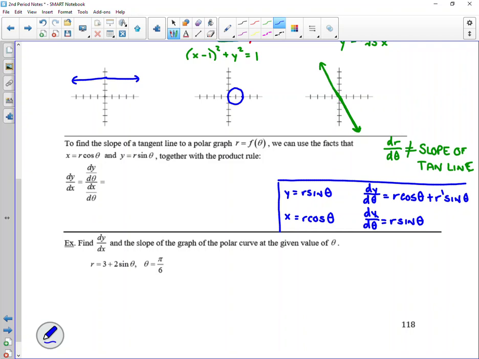negative. Oh, darn it. Can you erase this? It's better this way. Take the derivative of r first.